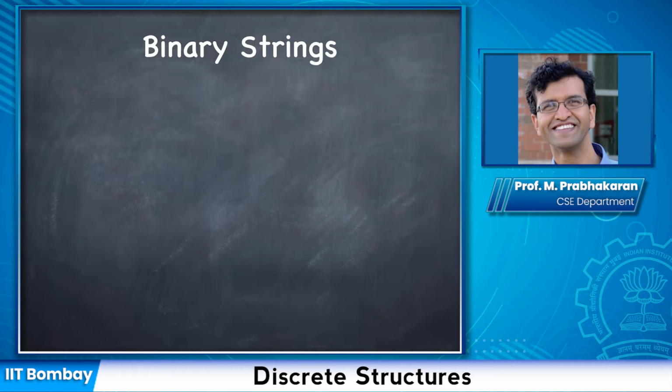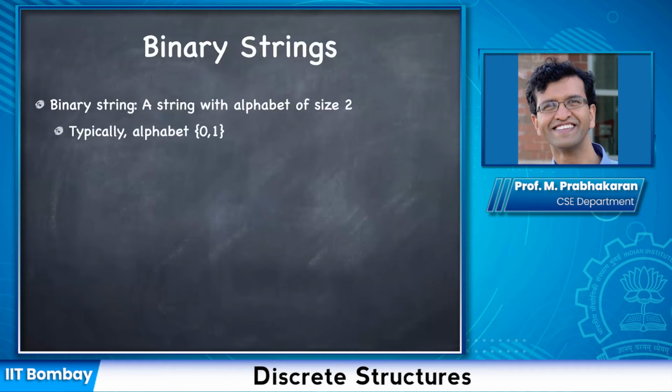Just one more thing to say here. This example we saw of binary strings is of particular interest. So binary string just means a string with alphabet of size 2. In the previous example, the alphabet was A, B, but often we would use the alphabet 0, 1 when we are talking about binary strings.